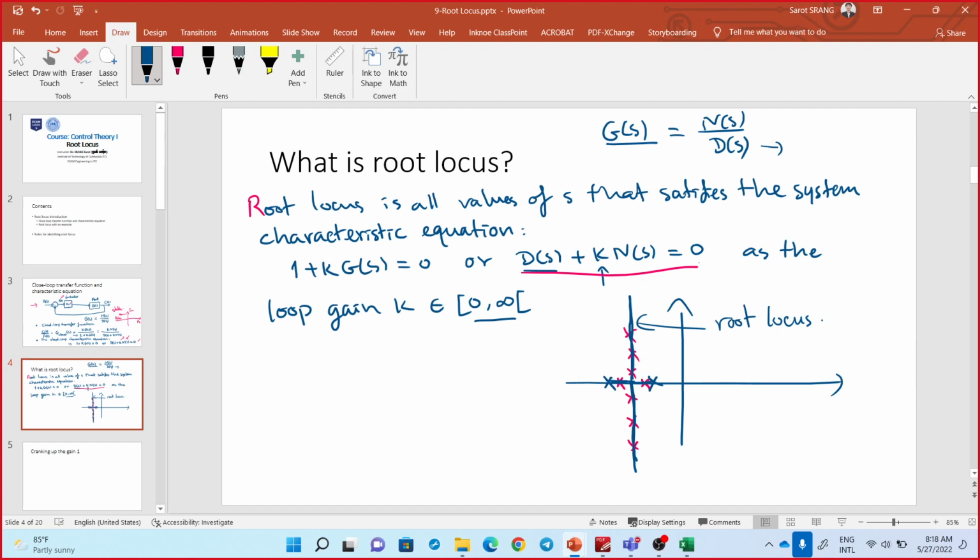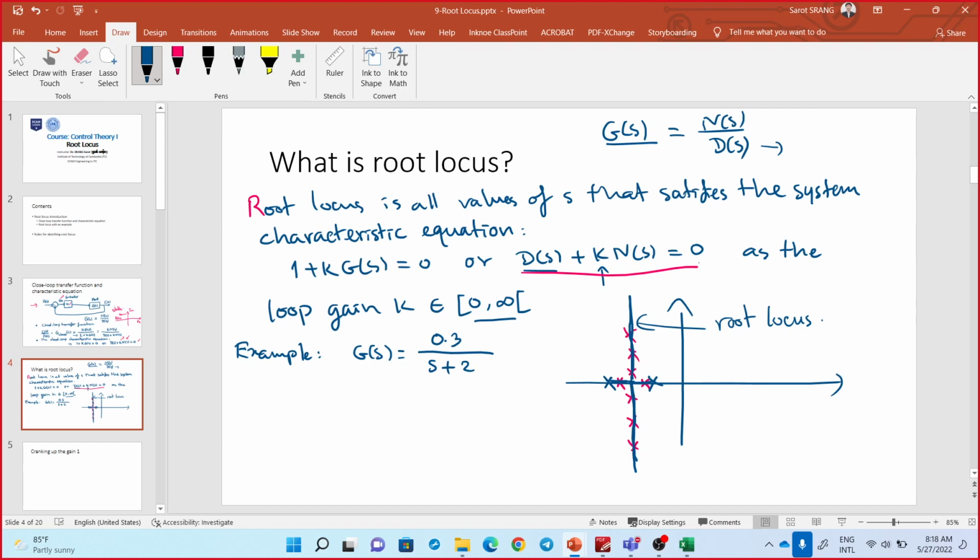All right, so next, let's see an example. Let's say you have open loop transfer function g of s equal to 0.3 over s plus 2.